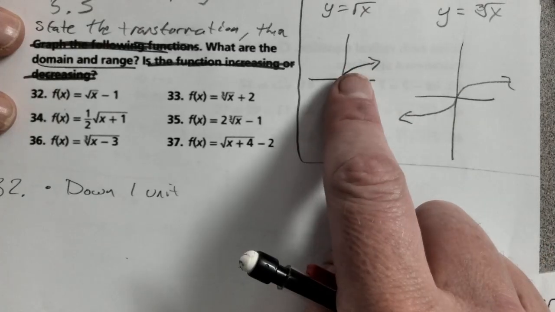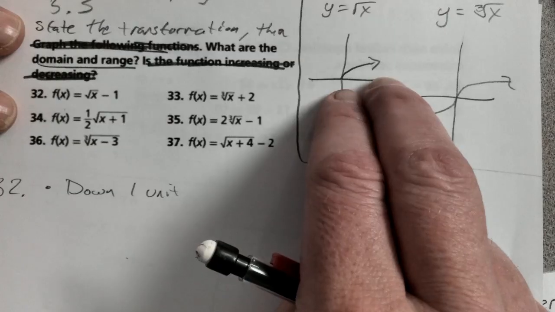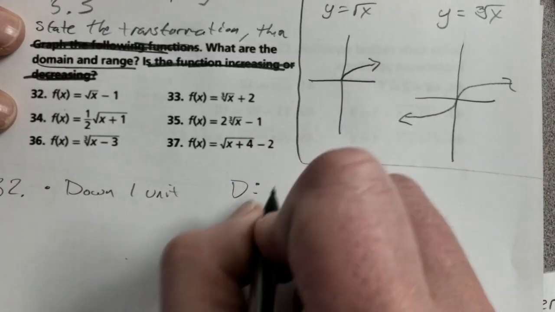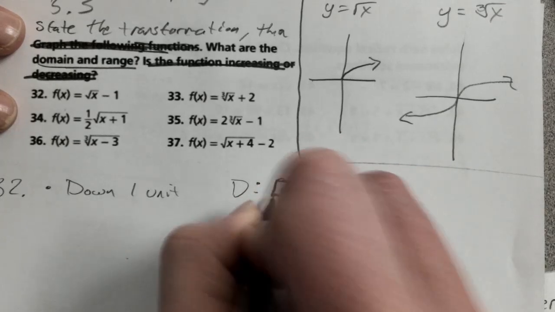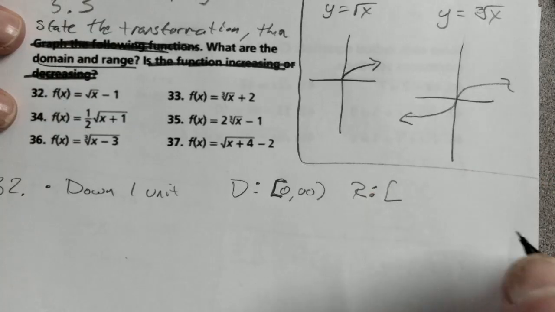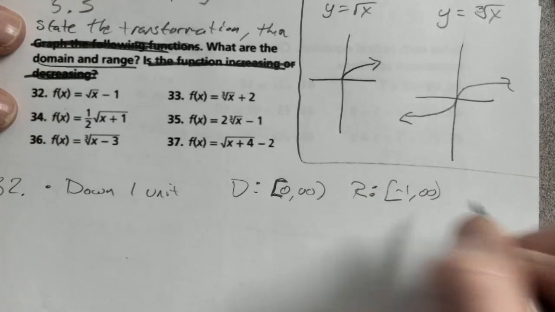That's the square root. And if I take that graph, shift it down 1 unit, does that impact the domain? No. So the domain is still 0 to infinity. And these are brackets. What then is the range? Pretty good. -1 to infinity.